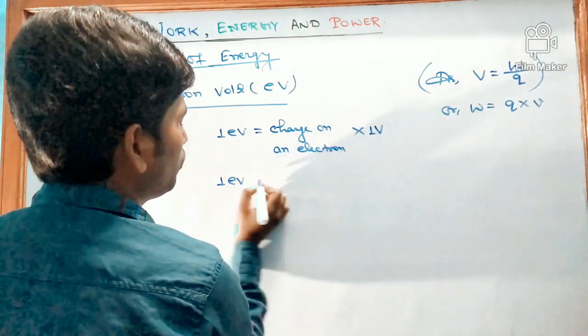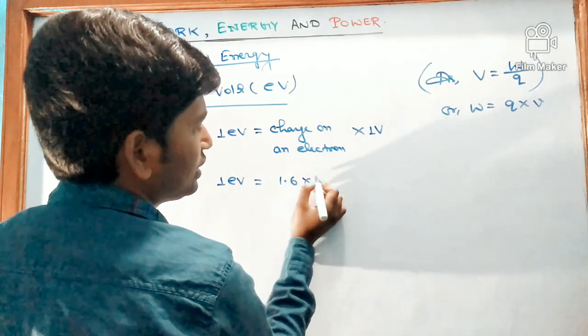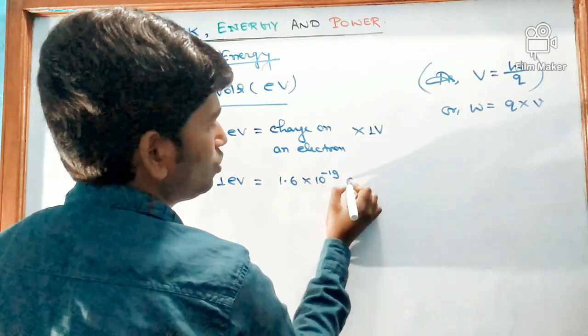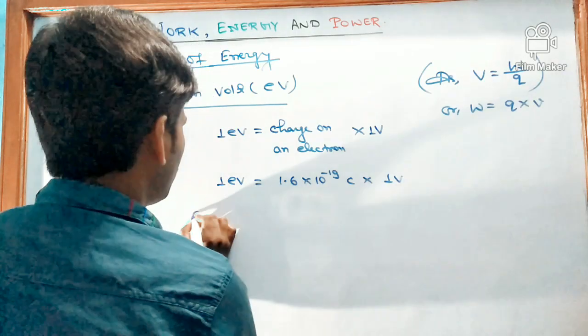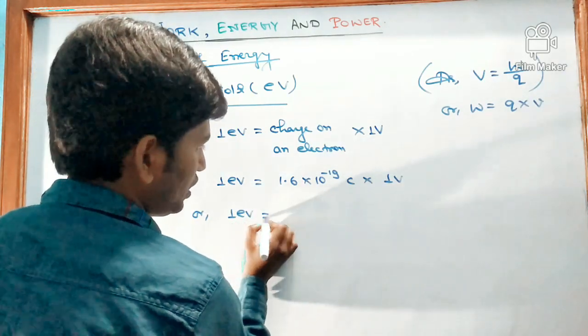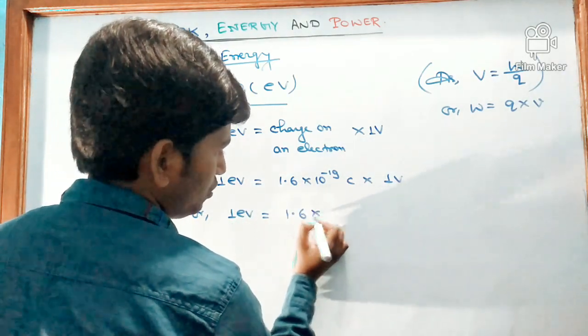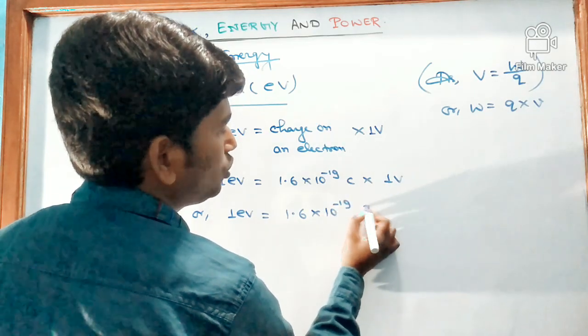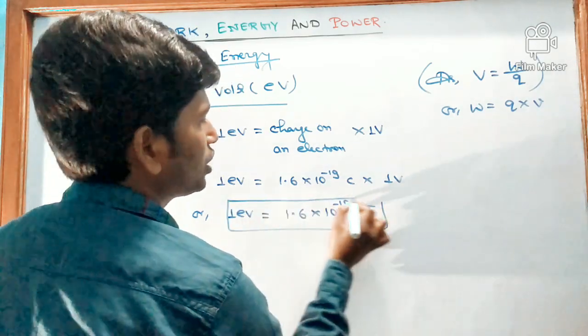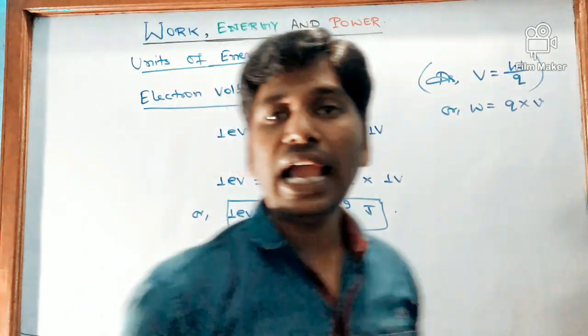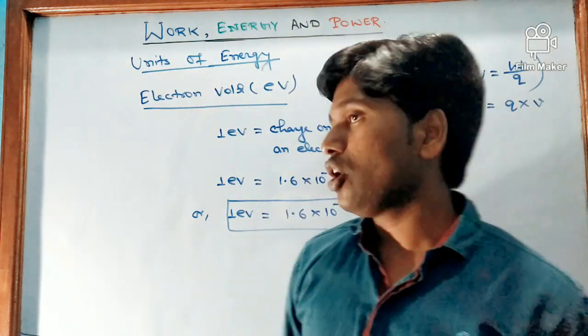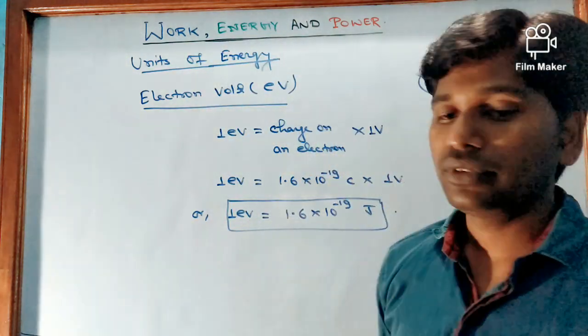So 1 electron volt is equal to 1.6 into 10 to the power minus 19 coulomb into 1 volt. So 1 electron volt is equal to 1.6 into 10 to the power minus 19 joule. This is the relation between electron volt and the SI unit of energy, joule.